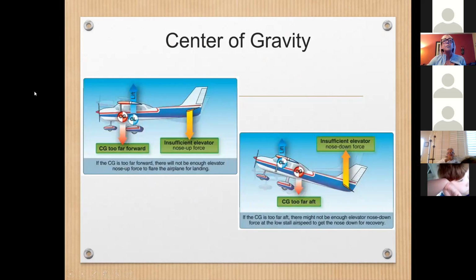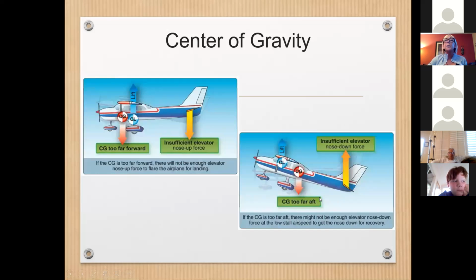This is what's moving, not this. The elevator is making more drag on the tail, which is bringing that down. If our CG is too far forward, we have too much weight there. Our elevator's not big enough to be able to overcome that huge battery in the front.